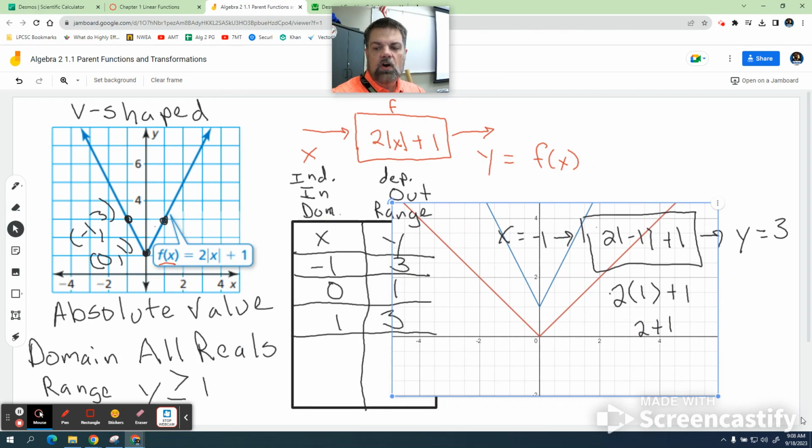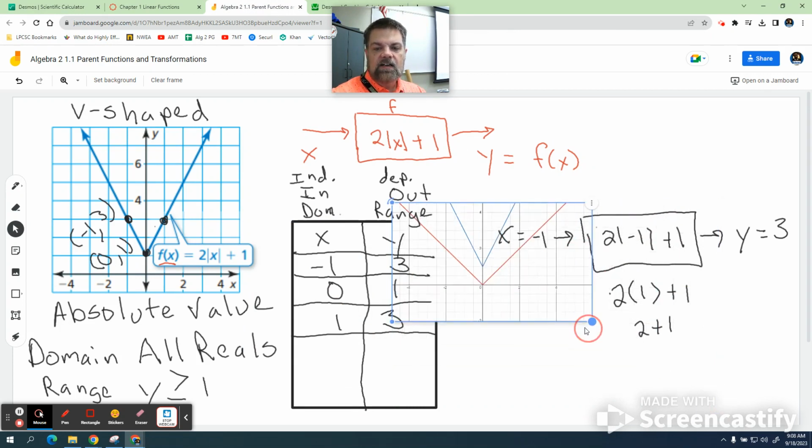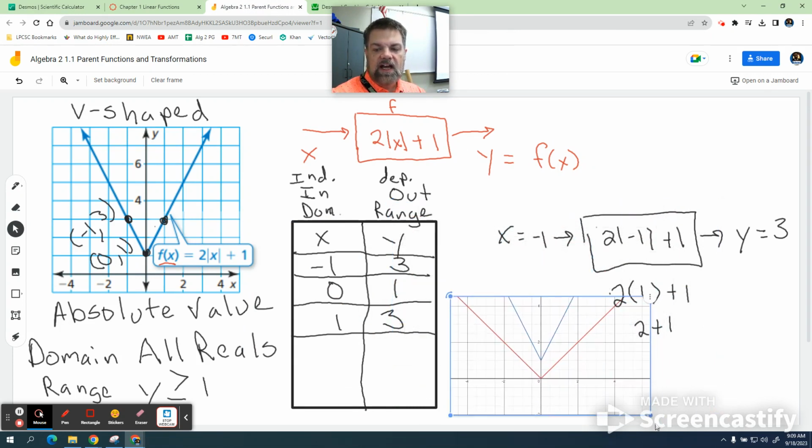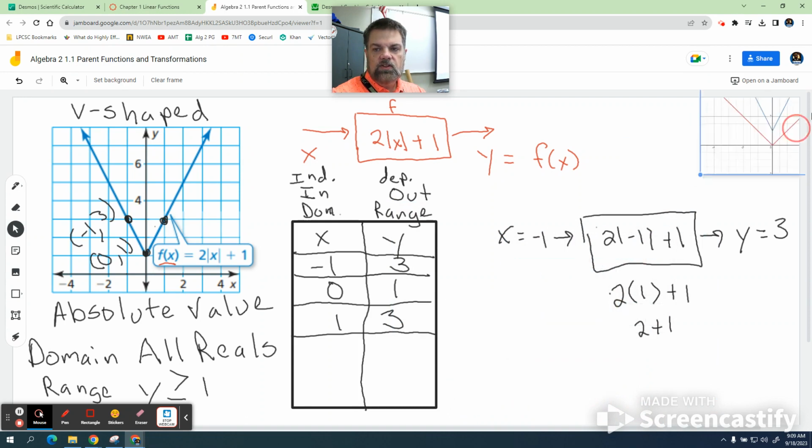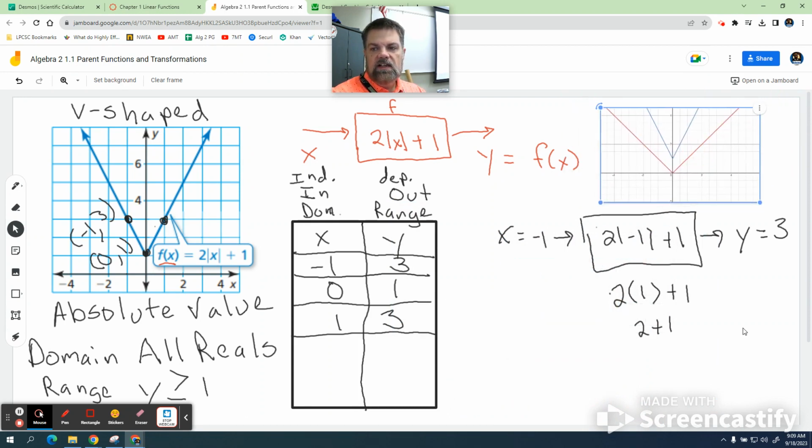So in the real world, I have data that looks just like this blue line, right? I recognize that it's probably an absolute value function. And then I have to know where to put the numbers to change the shape of it, right? So I look at it and I go, okay, I want to change the shape of it.